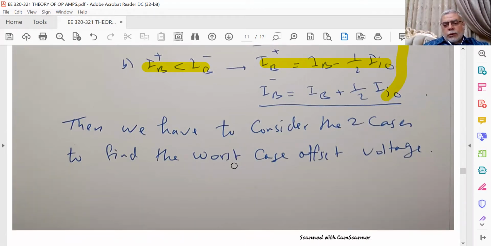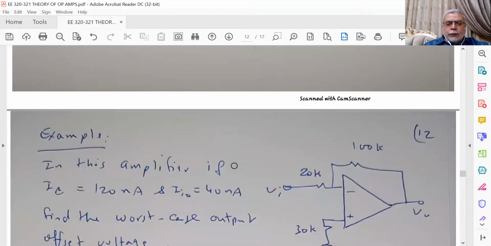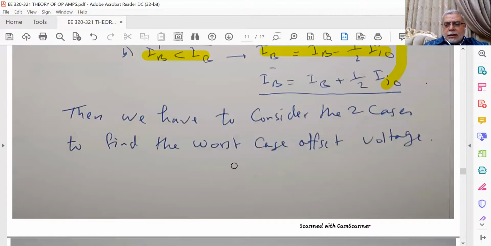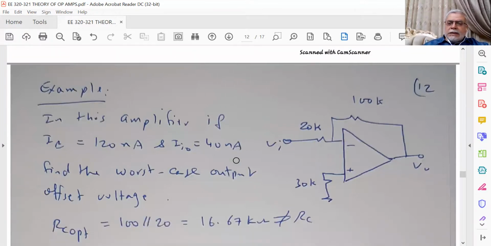So we will study the worst case, and we have to be careful when we make a certain experiment or project also. Let's take this example. This is an operational amplifier with RF equal 100K, R1 20K, and RC equal to 30K.